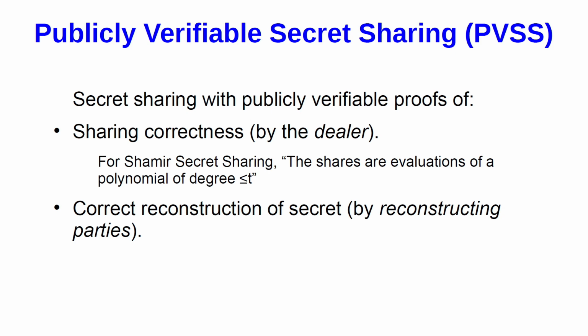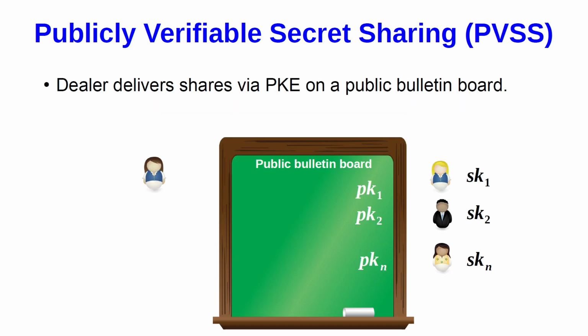Now, because these proofs need to be publicly verifiable, clearly we need something that allows a public verifier to check these proofs. So we cannot have all the communication be private between the dealer and the share receivers. So what we do is to have a public bulletin board, and the shares are going to be delivered through public key encryption over this bulletin board.